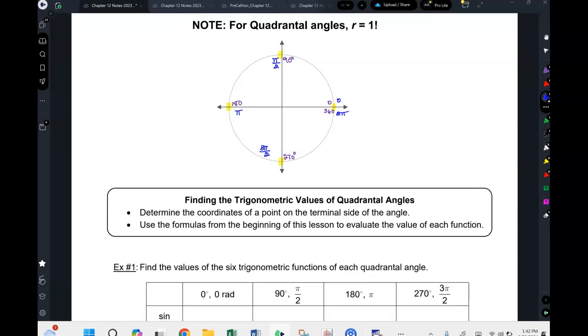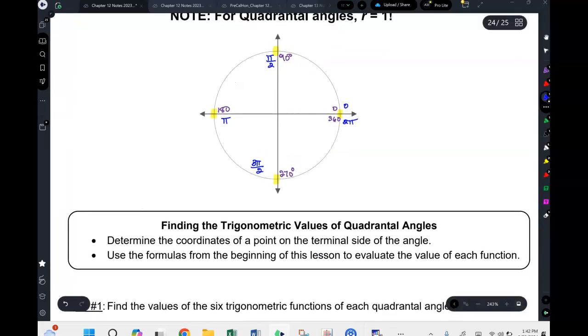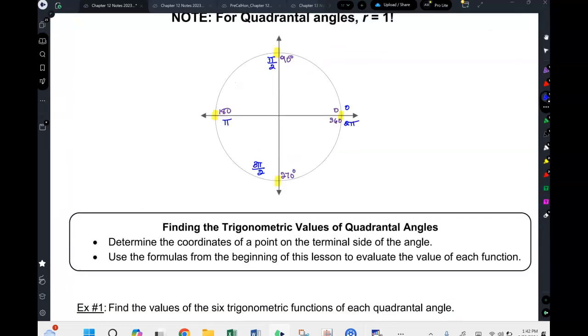Okay. Now, when your angle falls on either the x-axis or the y-axis, there is another way to do this, and that is by using the coordinates. So when you're here at 0 degrees, and this is a unit circle, that means the radius is 1. So when you come here, what are the coordinates? What's the x coordinate there?